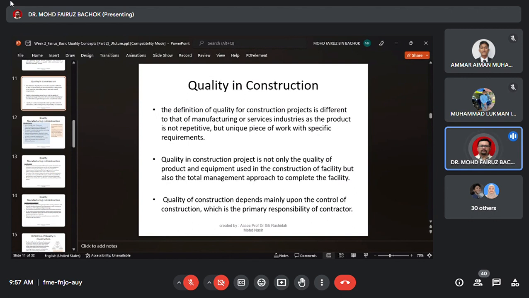Even though the buildings are side by side, like terrace houses, there is a high possibility they will differ in quality, because terrace house A may be built by different skilled or unskilled workers. House B, even though it is built beside house A, is built by different skills, so the quality will be different.